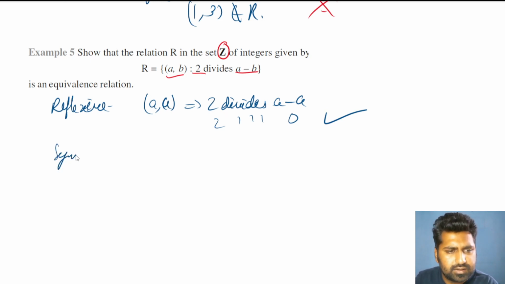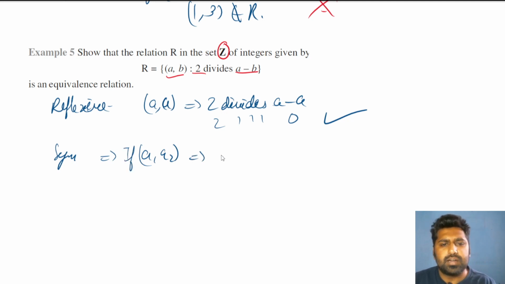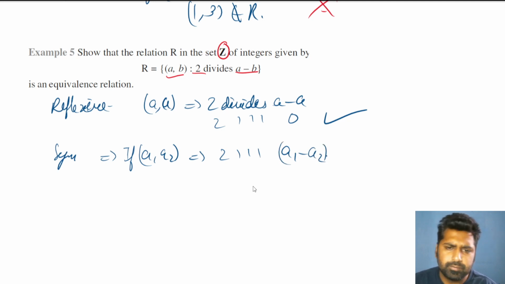Then check for symmetric. Symmetric is: if a1 a2 belongs, so that means 2 divides a1 minus a2. If we do the reverse, I can say 2 divides negative of, so we have to check now a2 minus a1.